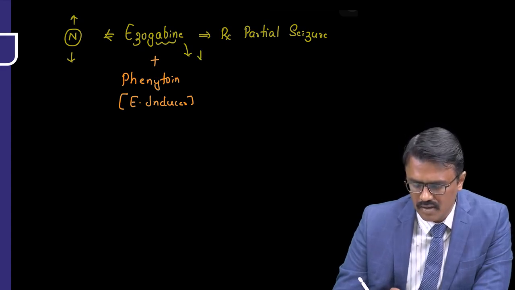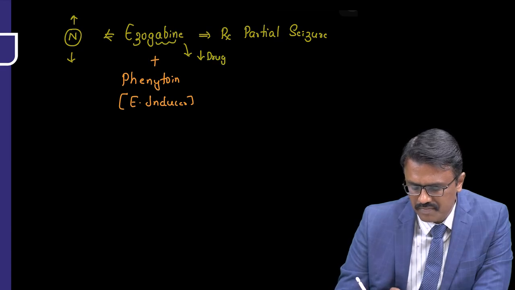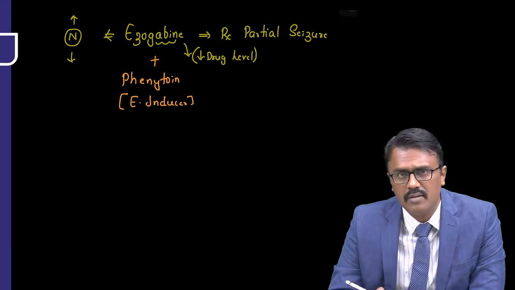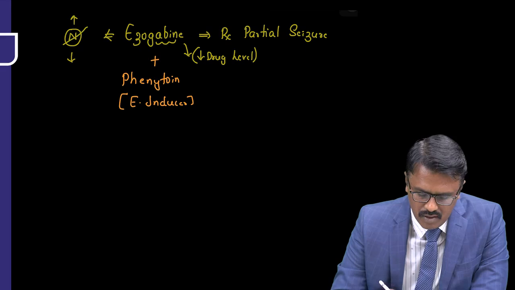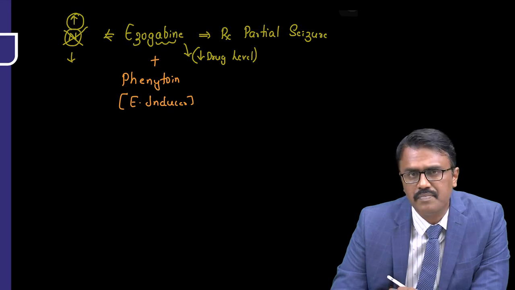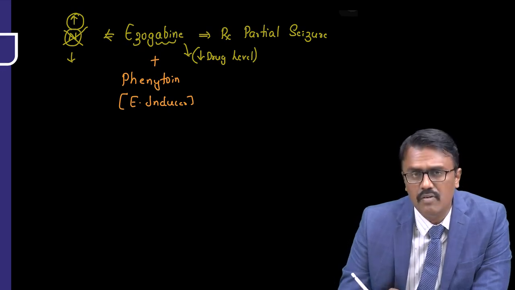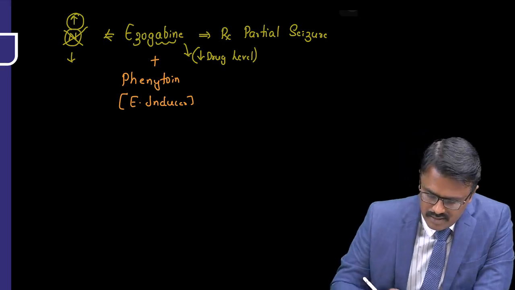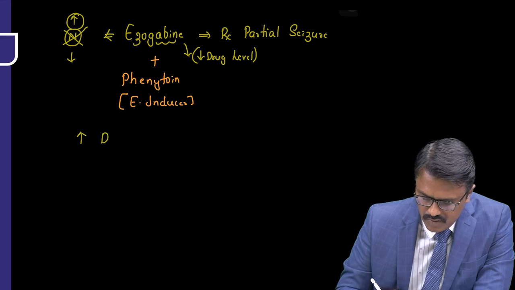Now, what happens to drug level? There is decrease in drug level. If the drug level decreases, the drug fails to work. So what should I do? I cannot give the normal dose. I have to increase the dose and give. If I increase the dose, the drug level will not decrease and the drug will still work. So in this case, we have to increase the dose of ezogabine.